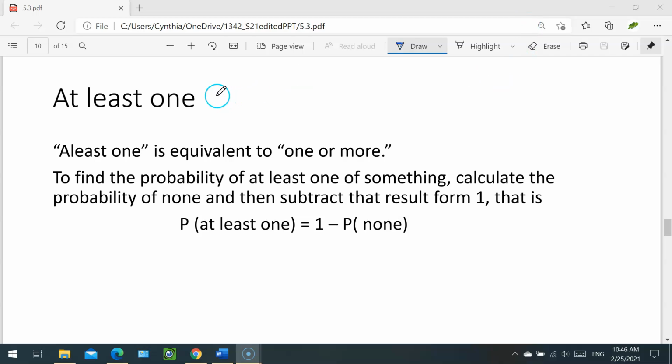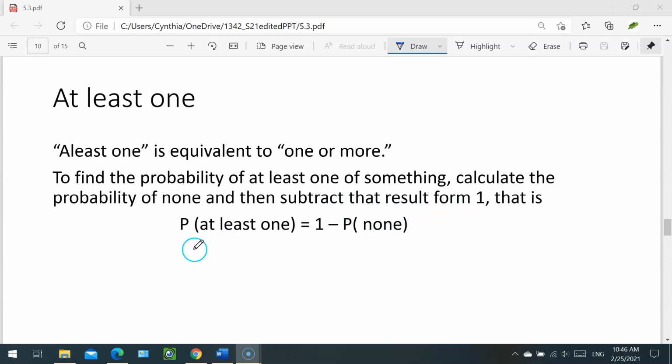At least one means one or more. The probability has one or more than one. So to find the probability of at least one of something, we calculate the probability of none and then subtract the result from 1.